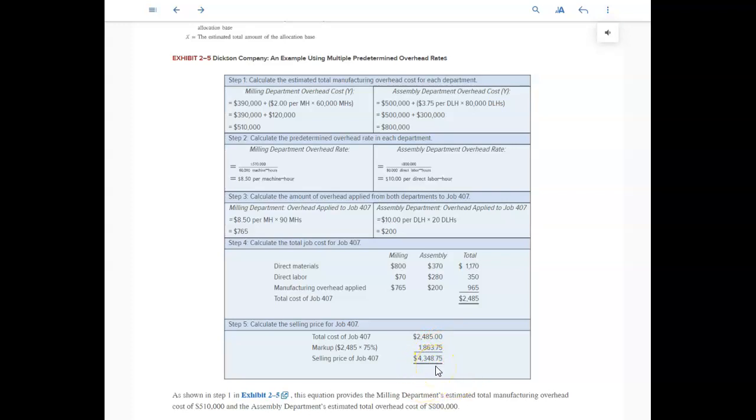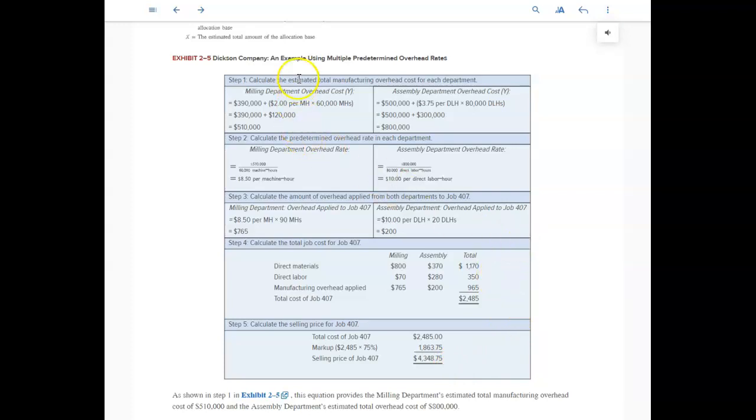So this job cost us to make $2,485. We added some profit in here, 75% of the cost, and so the selling price to the customer will be the $4,348.75.